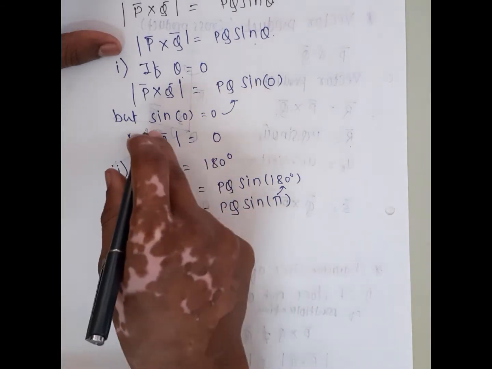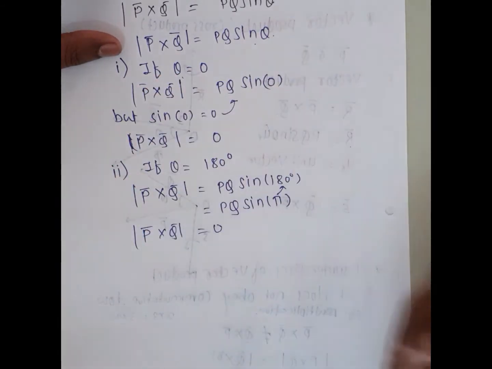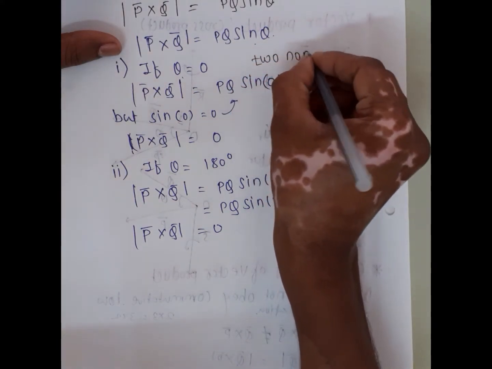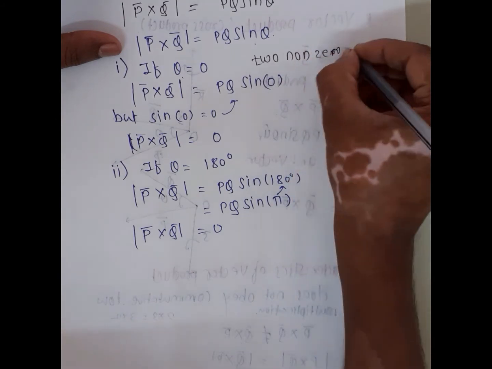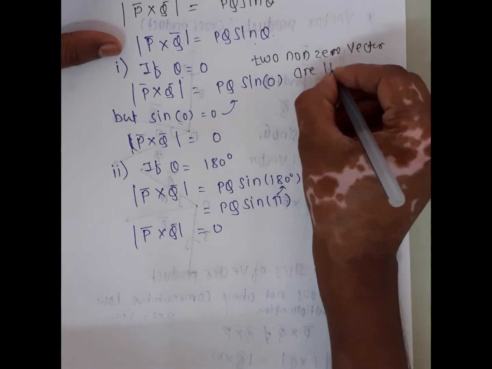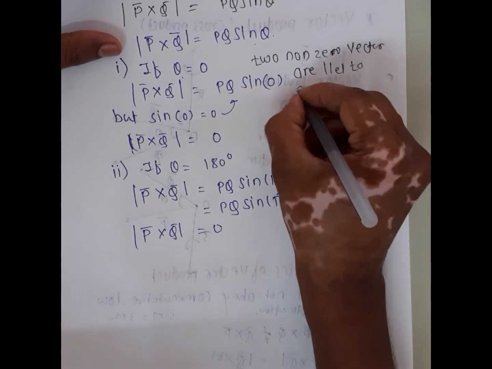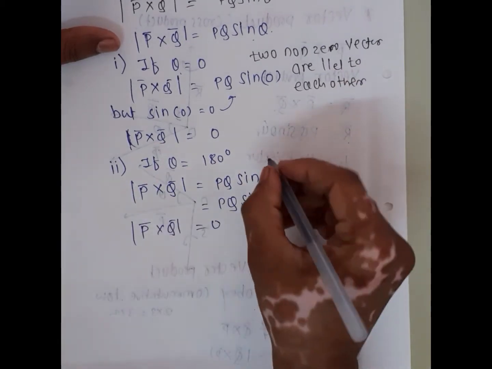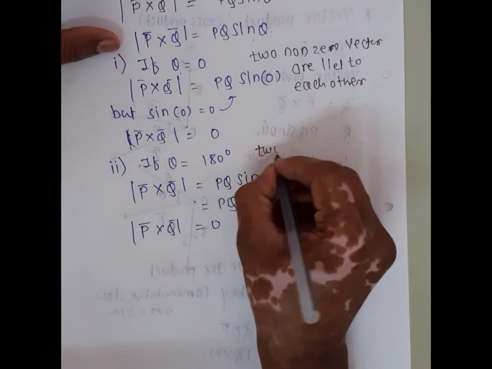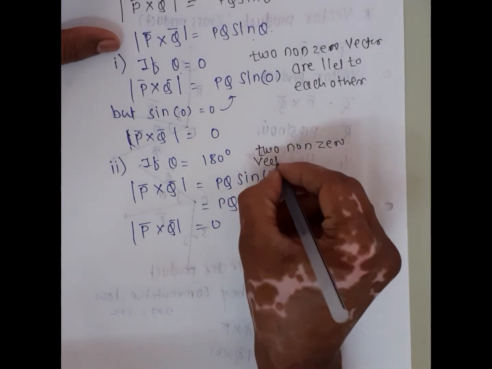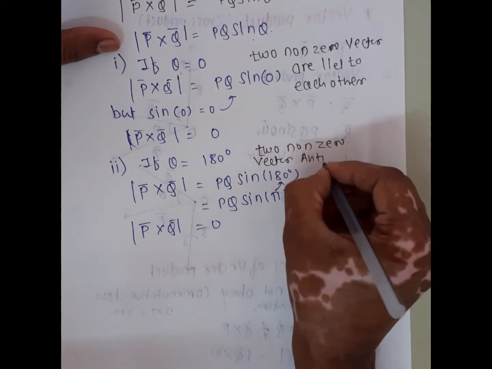It's the same as before. In the first case, two non-zero vectors are parallel to each other, and in this case, two non-zero vectors are anti-parallel to each other.